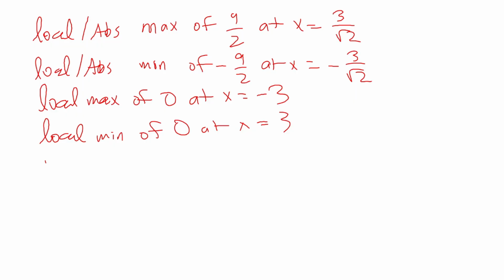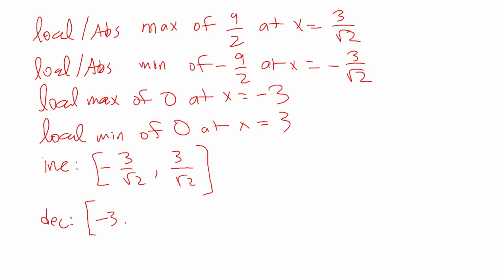And our function is increasing in between -3 over root 2 to +3 over root 2. And it was decreasing from -3 to -3 over root 2, as well as from 3 over root 2 to 3.